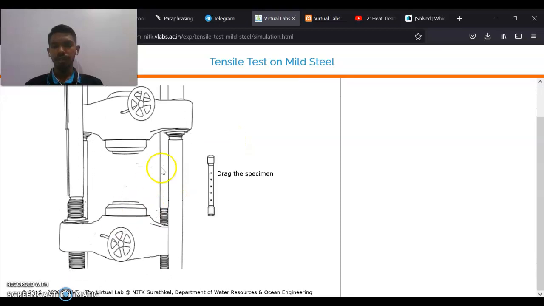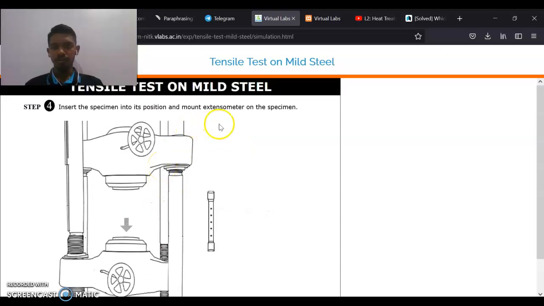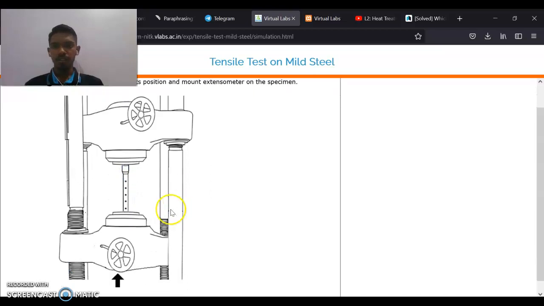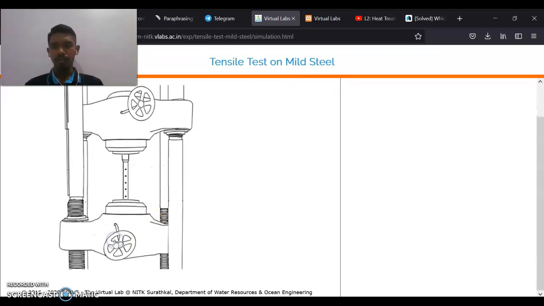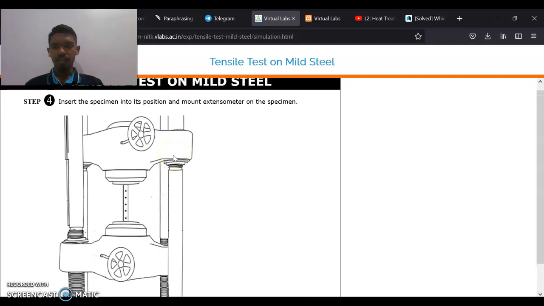So we have to extend the extensometer, and now the specimen should be mounted. Okay, then after that we have to retract it again, so it will be in the place.